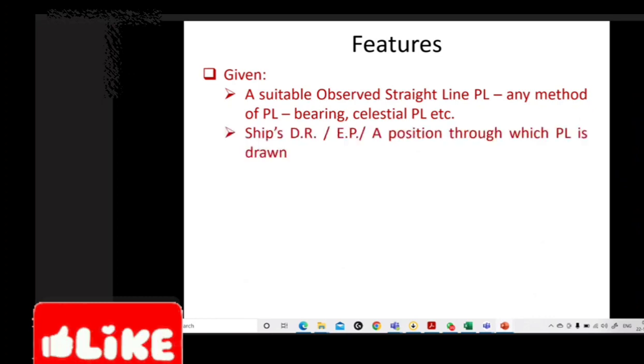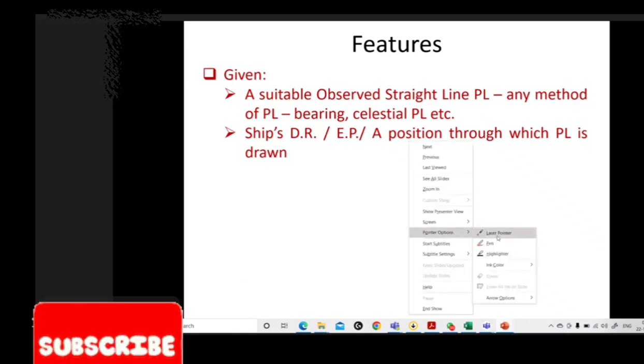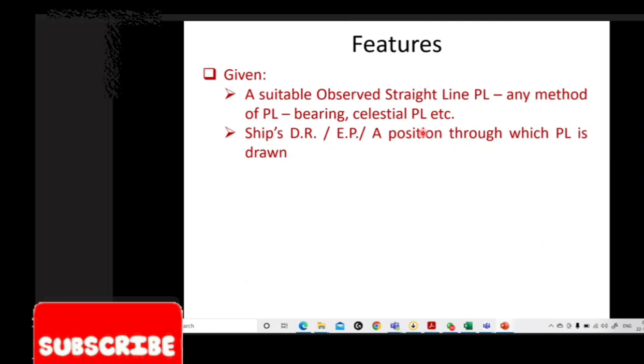Okay. What you will know will be the ship's DR position, or her estimated position, or a position through which the PL is drawn. Any of these would definitely be known. The last part would be known in case you have a celestial PL, then you will know a position through which to draw the PL, because all celestial PLs are drawn through a position which depends on the method of solving the sight.